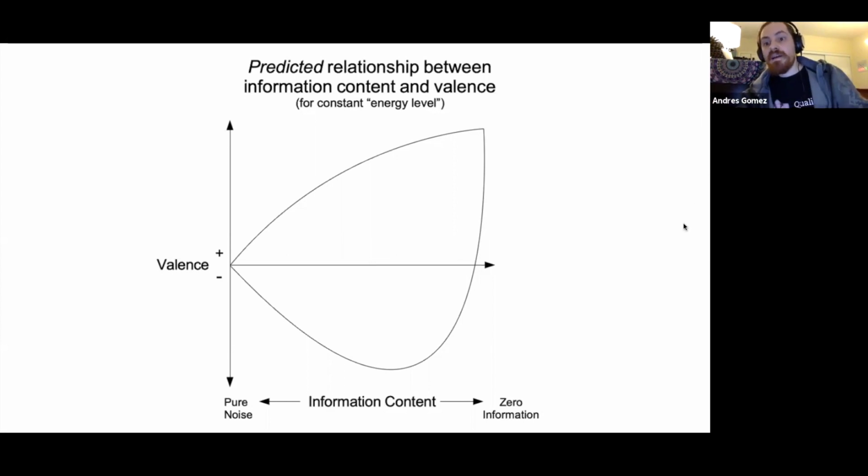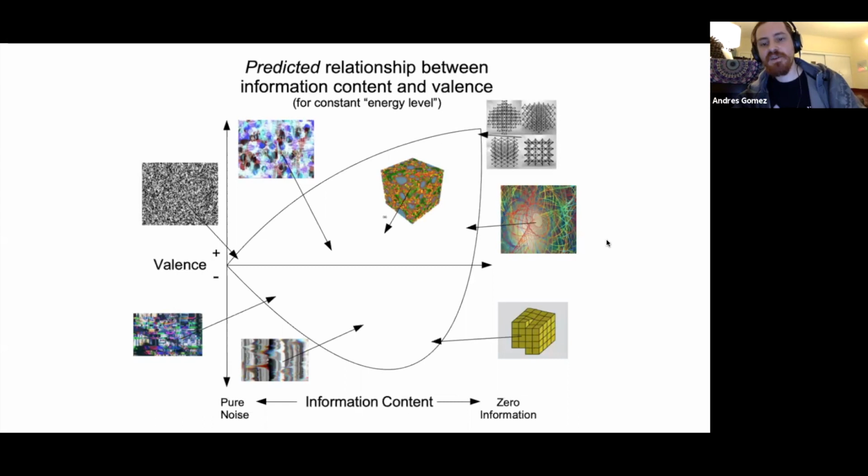In brief, very high valence states of consciousness we expect to be very close to zero information, whereas close to pure white noise we expect to be basically zero valence. Hopefully this will make more sense as we go along.